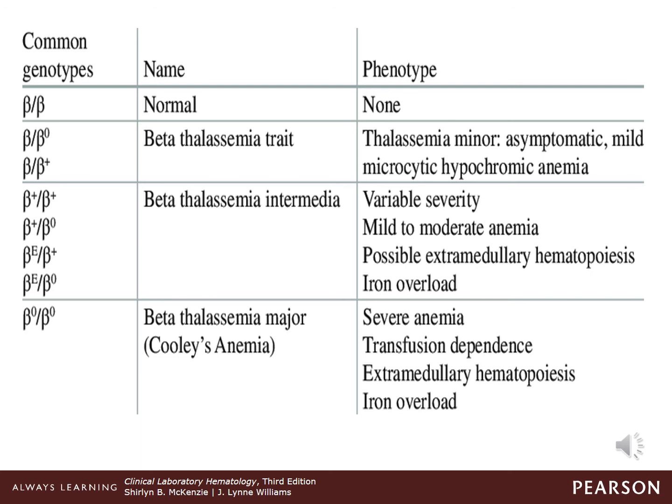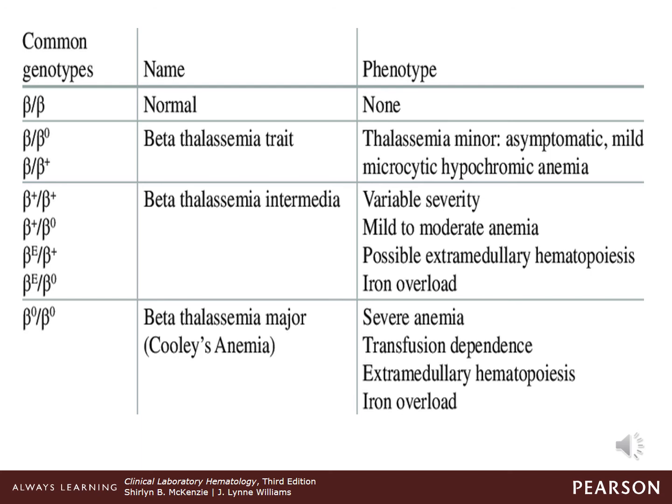If there's a partial block, it will be designated beta plus, whereas beta 0 is a complete absence of the beta chain, as we saw in the alpha thalassemias. So we have different categories here.